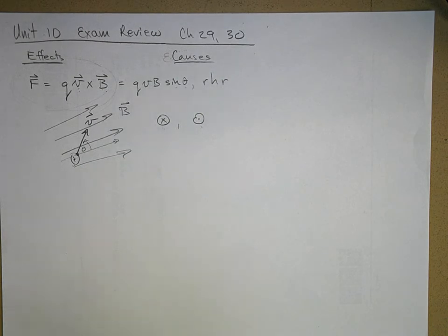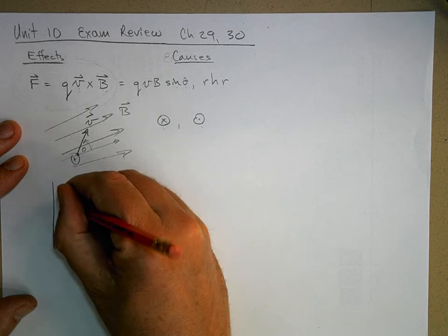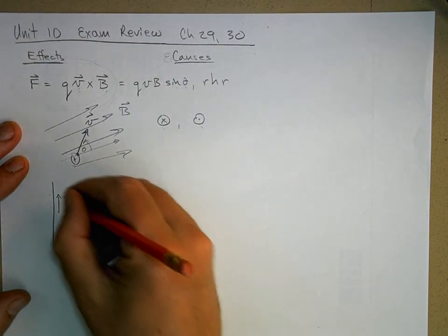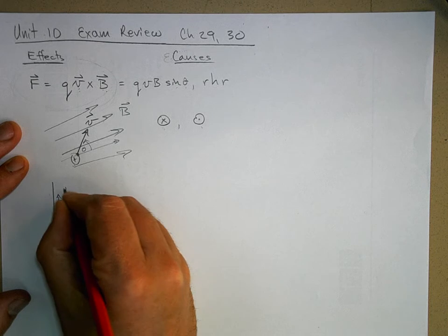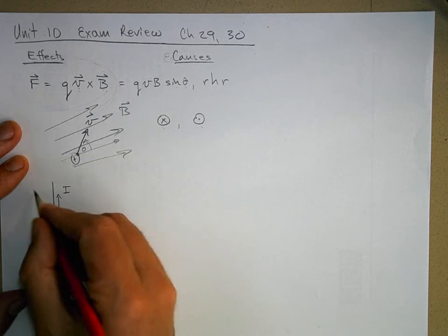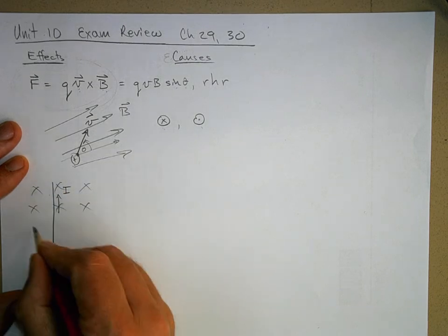Now, we also had another basic force, and that was the force of a magnetic field on a current. So if you have a wire like this, and you have a current, I, flowing through it, and let's say we put a magnetic field in here. So here's our magnetic field. And what do these little crosses mean?